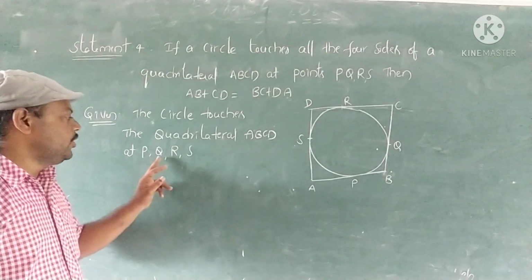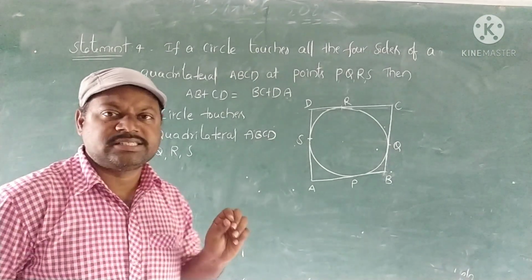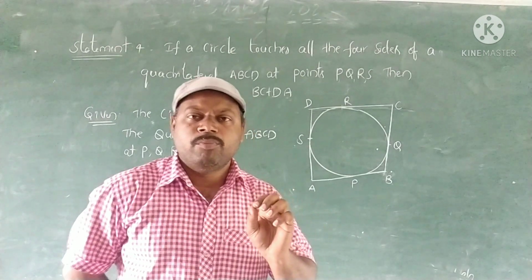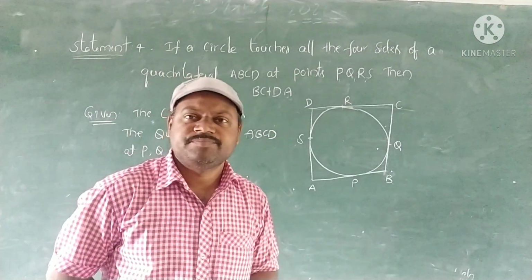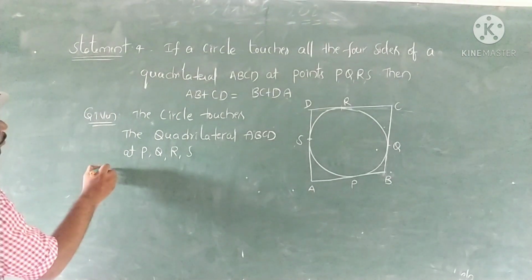P, Q, R, S are the points of contact. Okay, points of contact. So what is the proof?